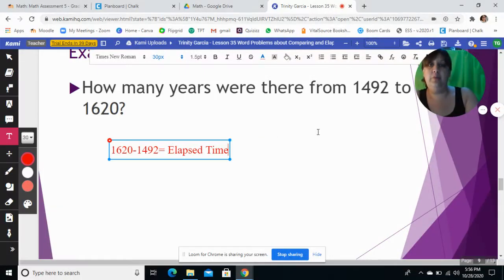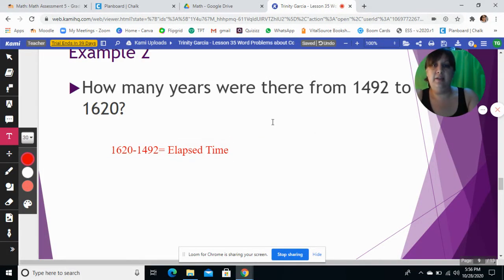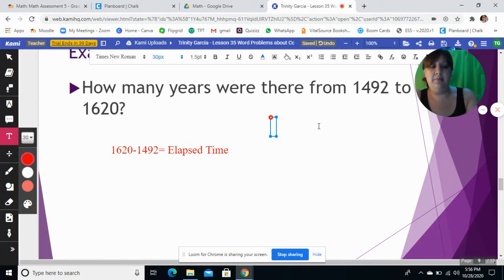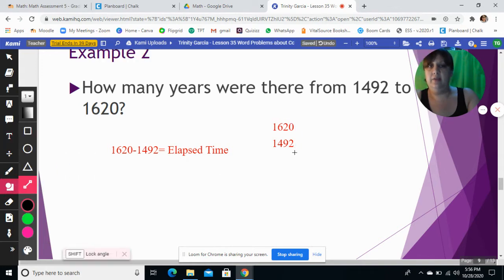Okay, you could write it out the other way if that makes it easier for you to do the math. 1620 minus 1492, and you could do your equation that way. Okay, that's just fine. Might make your subtraction a little bit simpler, right?